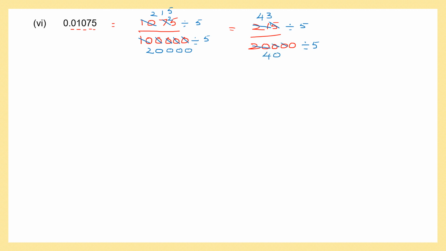Bring the 0, bring the 0, bring the 0. So what have I got? 43 by 4,000. So my final answer is 43 by 4,000.